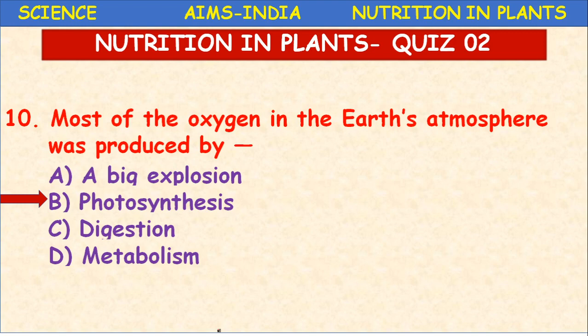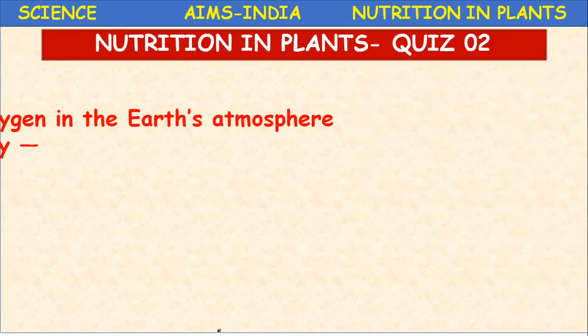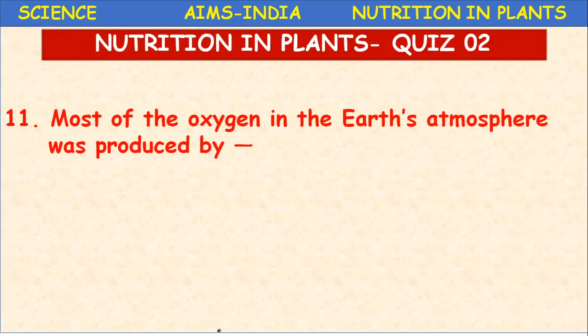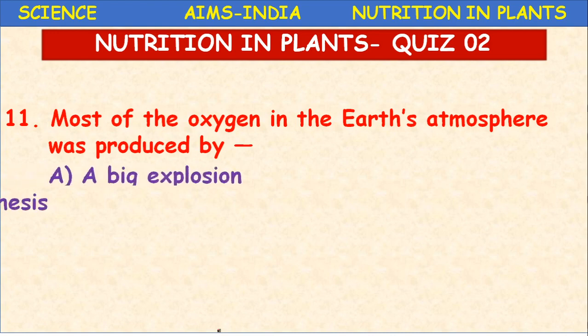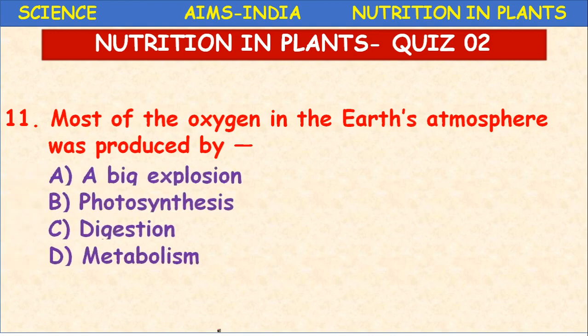Fresh air. That's the reason why for recreation we go to parks, where you can obtain more oxygen, isn't it? Okay, let us proceed. Most of the oxygen in the Earth's atmosphere was produced by, again, photosynthesis.